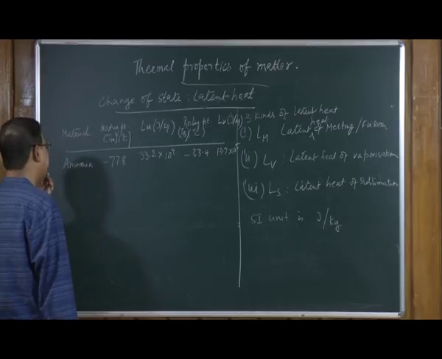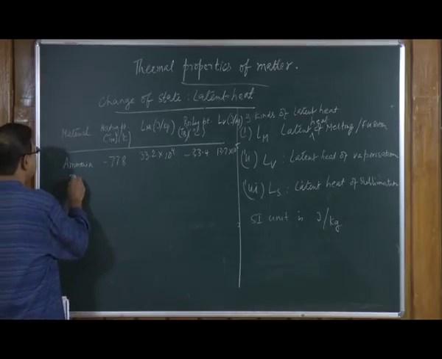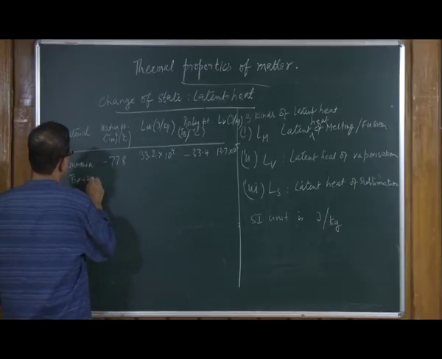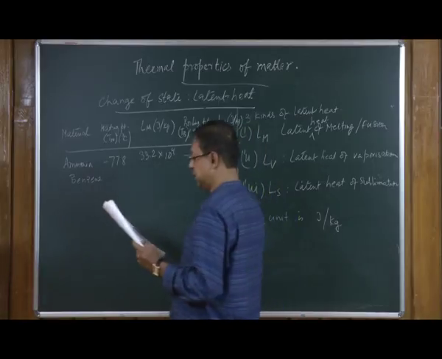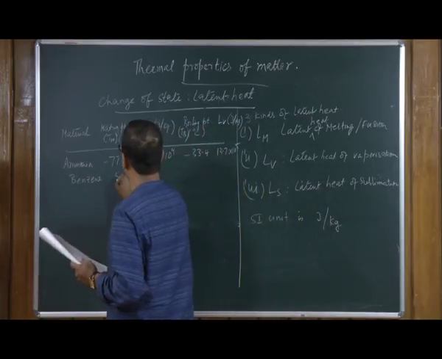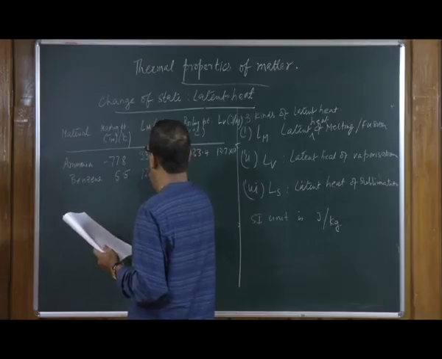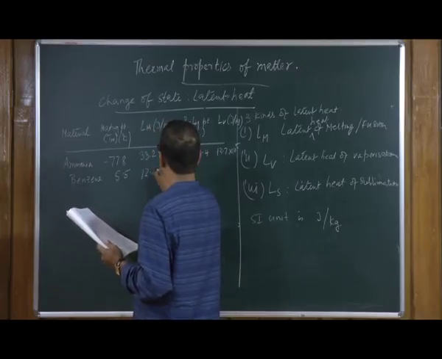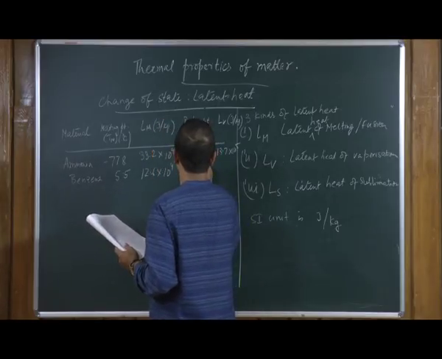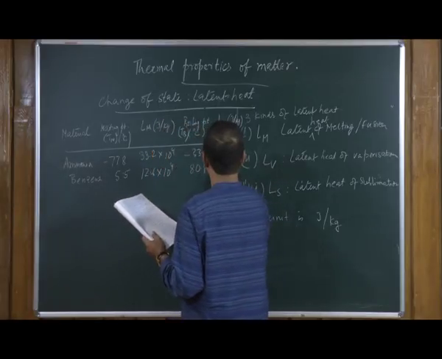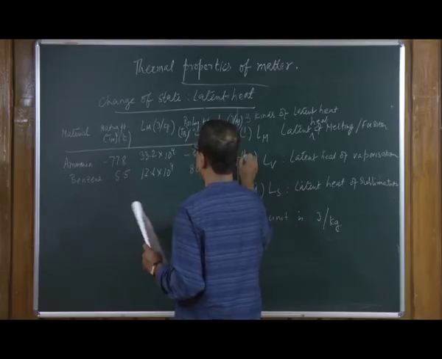Now it is benzene, 5.5 is the melting point, Lm is 12.6 into 10 to the power 4, the boiling point is 80.1 degree centigrade, and Lv is 3.94 into 10 to the power 5.